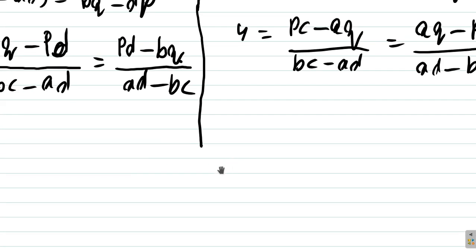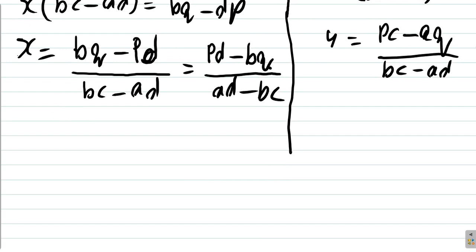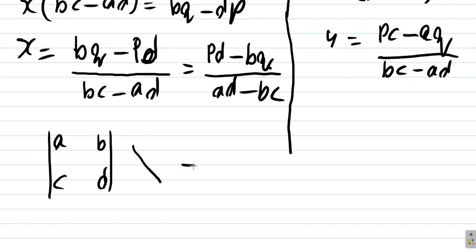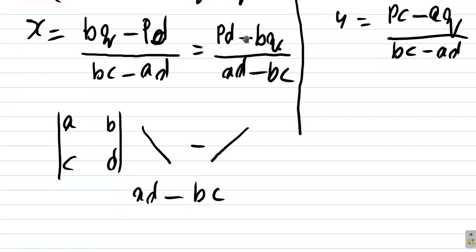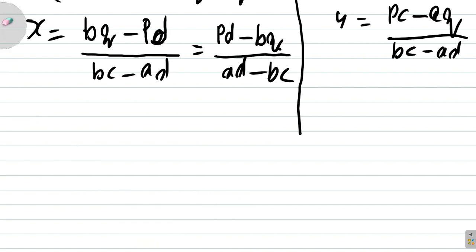If you have a, b, c, d, it's ad minus bc. So that's the determinant of this. Now, let's write pd minus bq as a determinant as well.